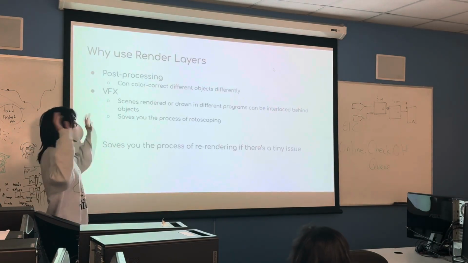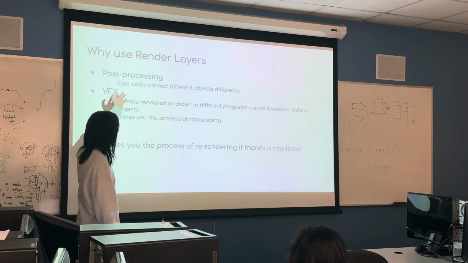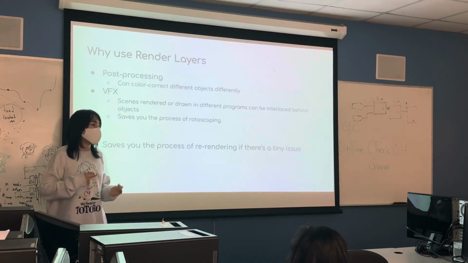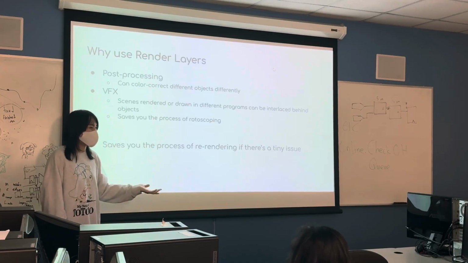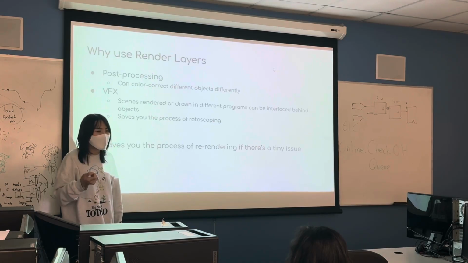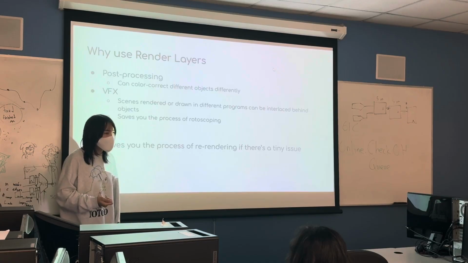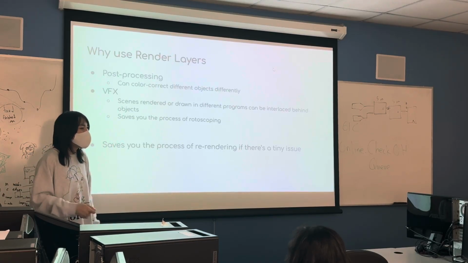So why do we use render layers? One of the primary benefits is post-processing. Let's say I had everything in one layer, and I rendered this out, but the background is a bit too dark and just doesn't look right. The character looks fine, the foreground looks fine, it's just the background. Well, I can't just increase the brightness of the entire image, because then everything increases.